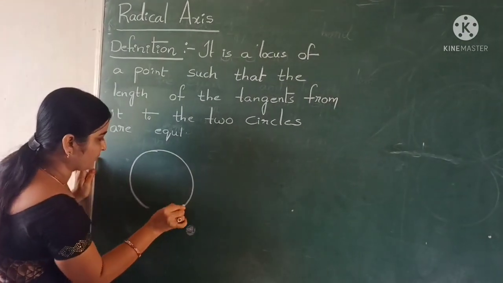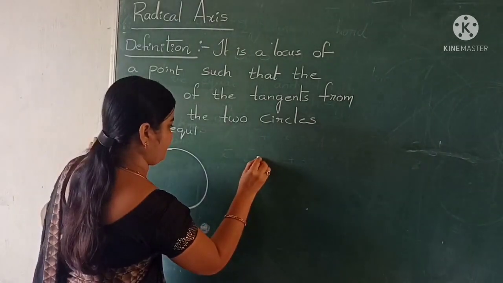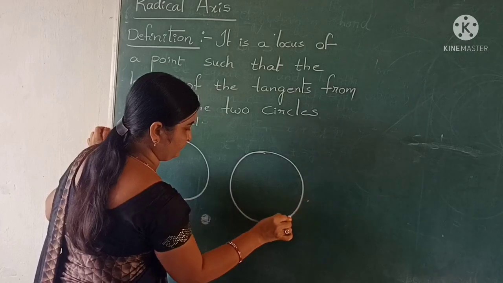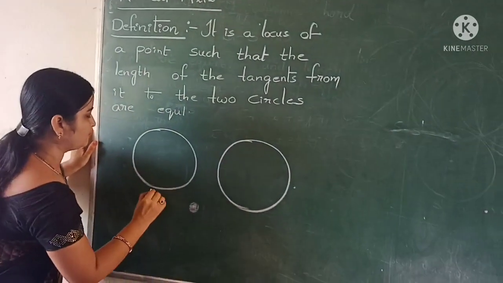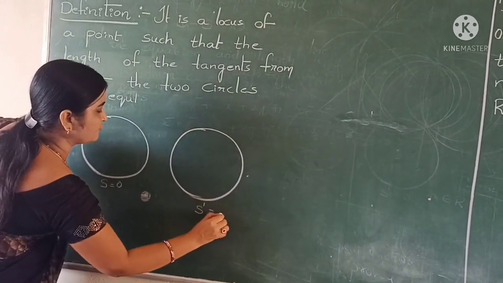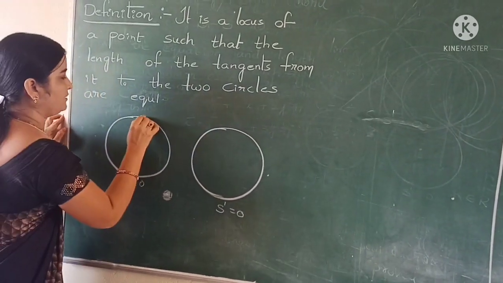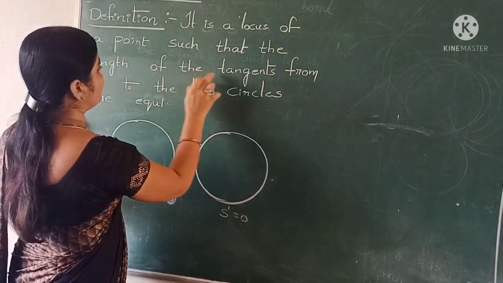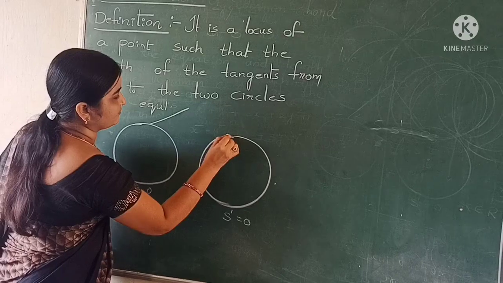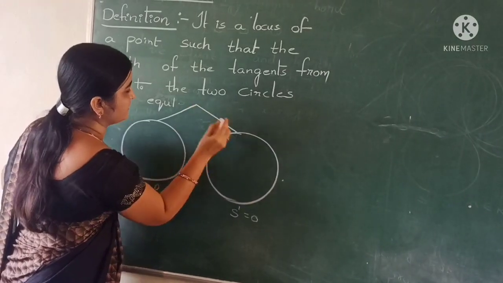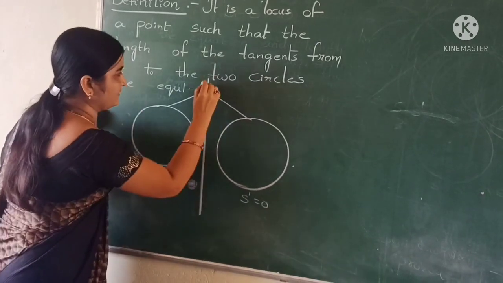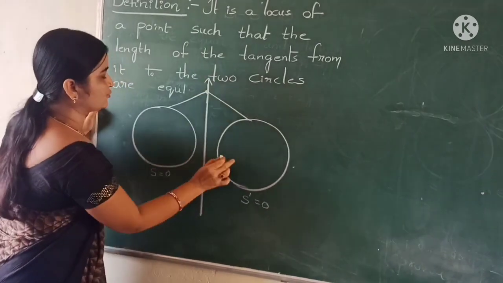So I have to draw two circles. These are the two circles, S is equal to 0 and S dash is equal to 0. Here, this is one of the tangents and this is another tangent. This is the radical axis of these two circles.